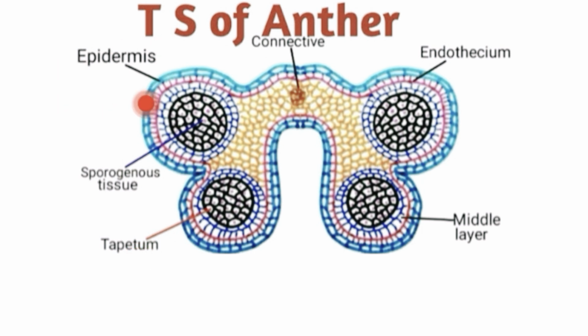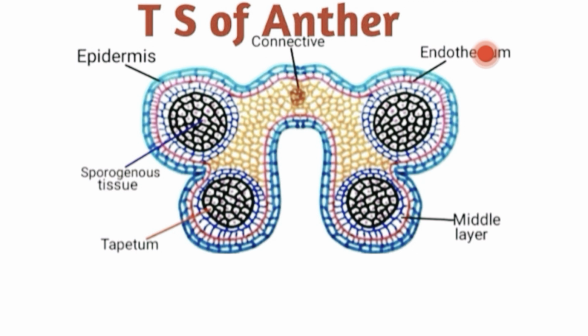So the outermost is the epidermis. Epidermis is the protective layer and is made up of flattened tabular cells. The blue colored cells here you can see, they are tabular and flattened. Next to that is the endothecium layer, which is below the epidermis, and it is made up of radially elongated cells with fibrous thickening.